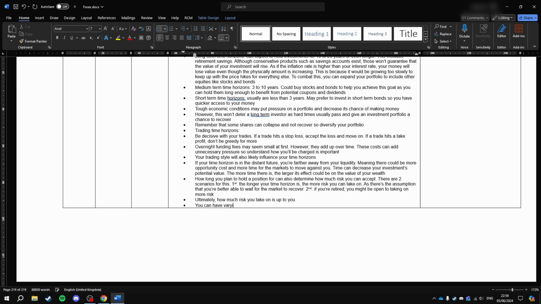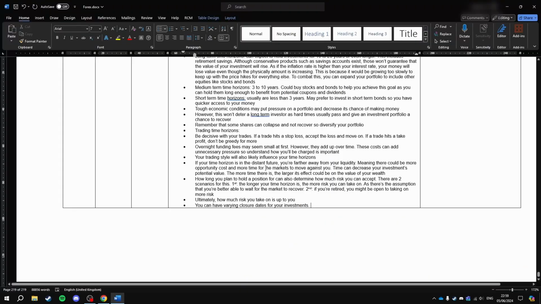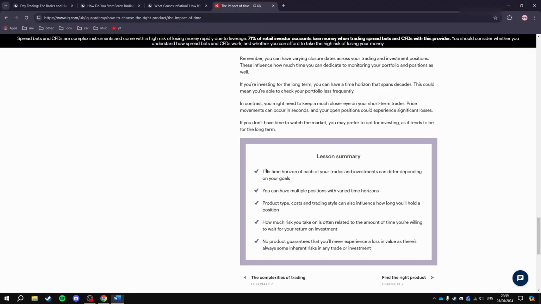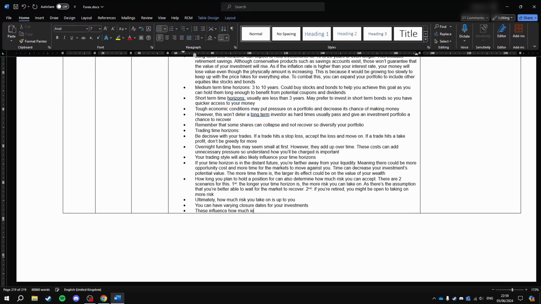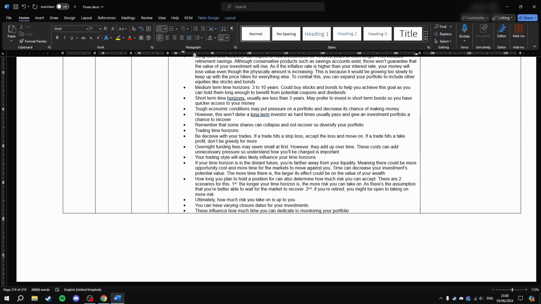You can have varying closure dates for your investments. These influence how much time you can dedicate to monitoring your portfolios.